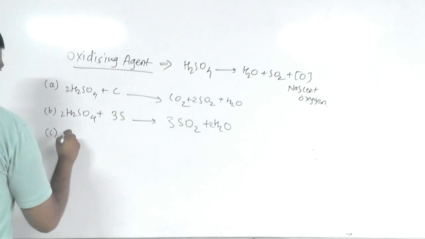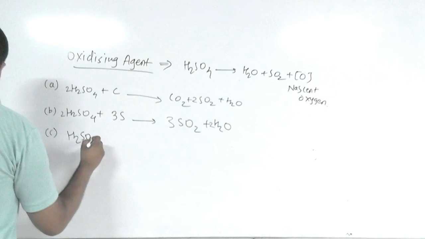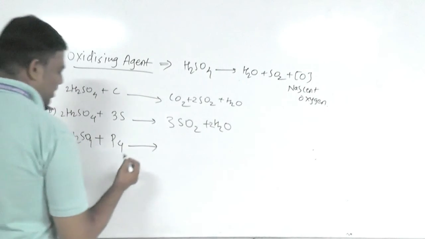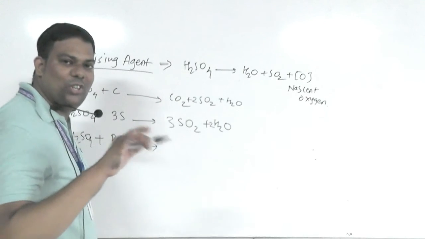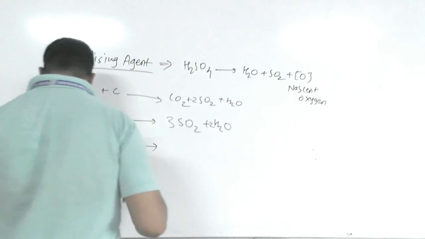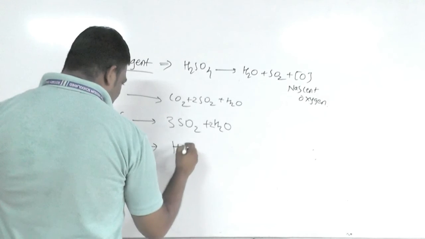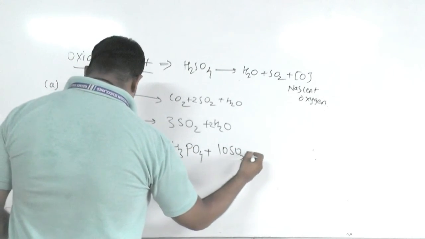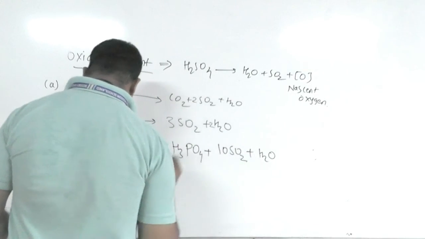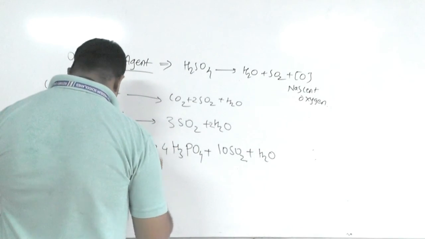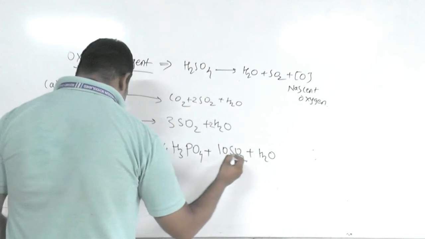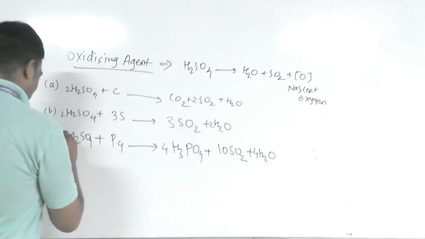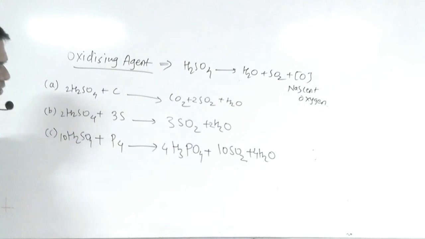Here H2SO4 plus P4. As I already told you, the P4 molecule is oxidized to phosphoric acid. So here H3PO4 plus 10 SO2 plus H2O. You have to keep in mind all the reactions with their products and byproducts. Understood?